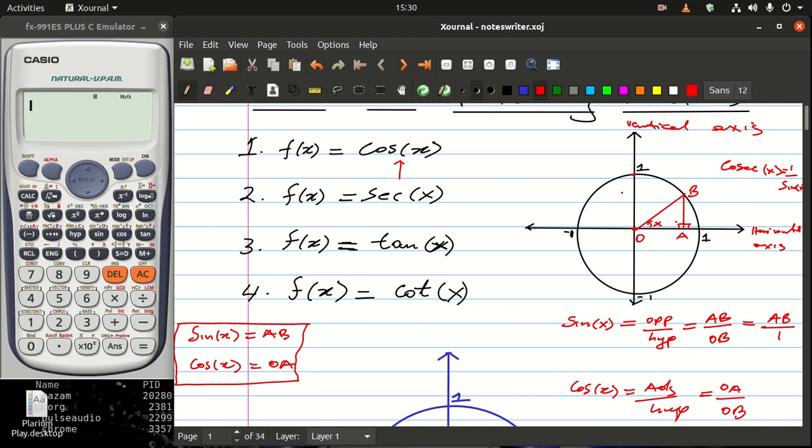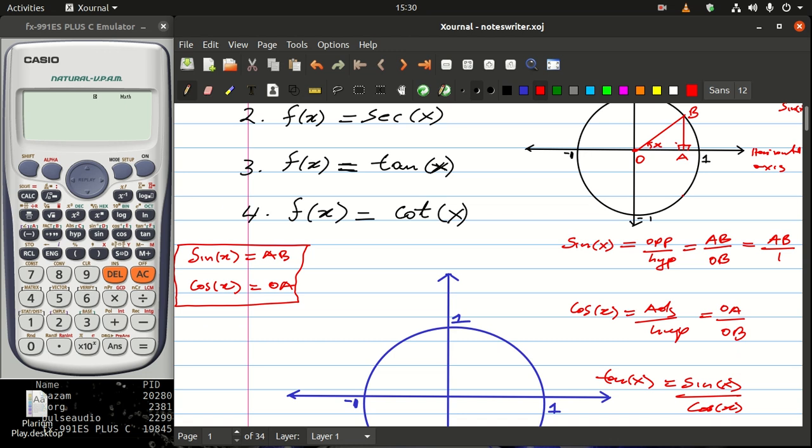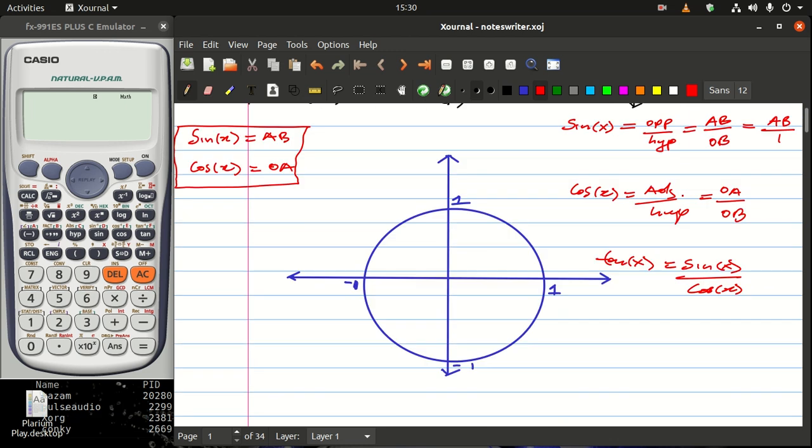Now, let's look at the choice of B so that we see where our A will be if we choose a different B. Let me use this color here. If I choose my B to be there, remember this is the origin. Again, we still have a unit circle, and the radius is equal to 1.